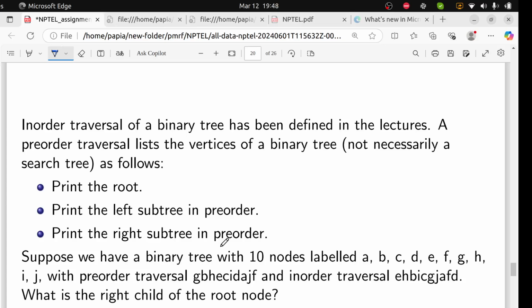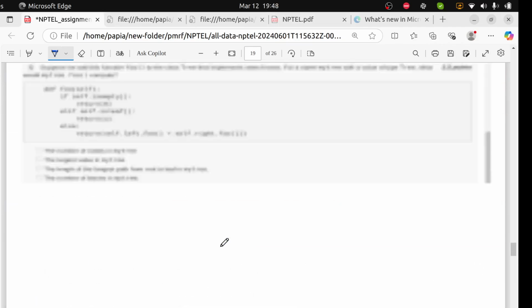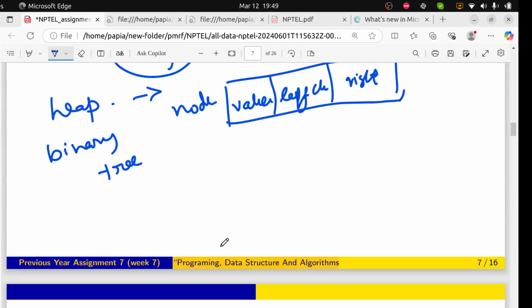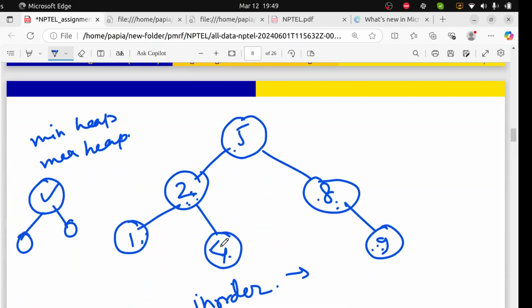Pre-order, in order, that type of thing are there. Assume nothing was given, like in order, pre-order or post-order. If nothing is given, you can't do it. There should be some relation, some condition, so that I can make the tree. Otherwise, how can I make the tree? See here, if it is in order, then I can write it like 1, 2, 4, 5, 8, 9.